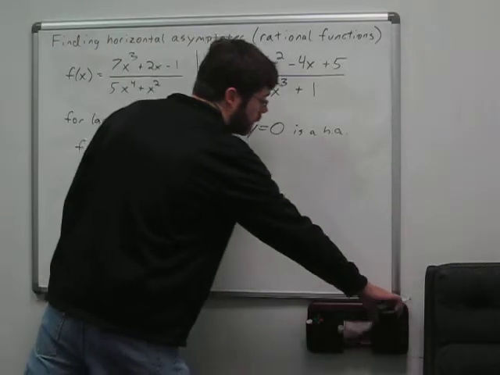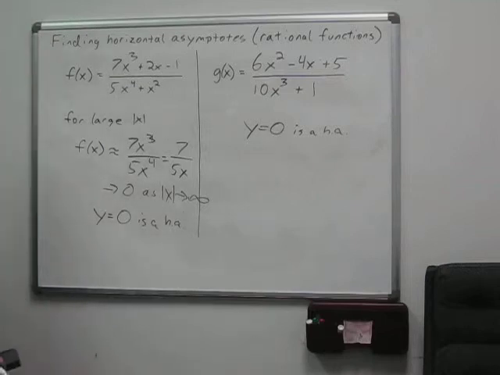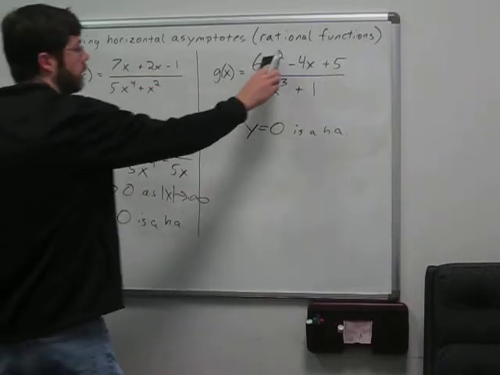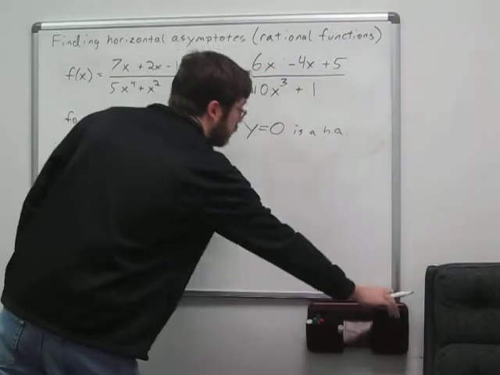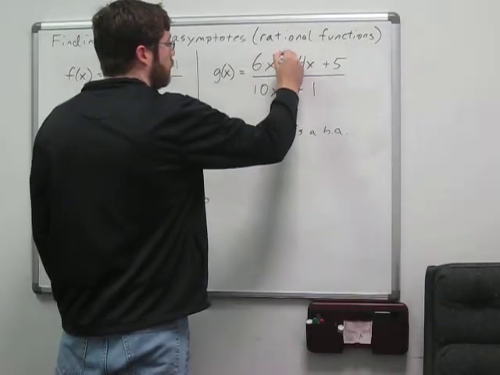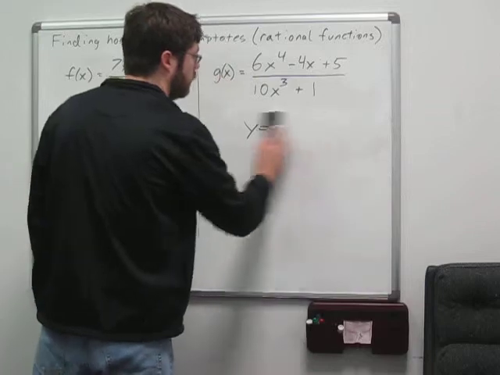Okay, so we've looked at situations where the degrees are equal, where the degree of the top is less than the degree of the bottom. So now let's look at the other possibility, where the degree of the numerator is greater than the degree of the denominator.